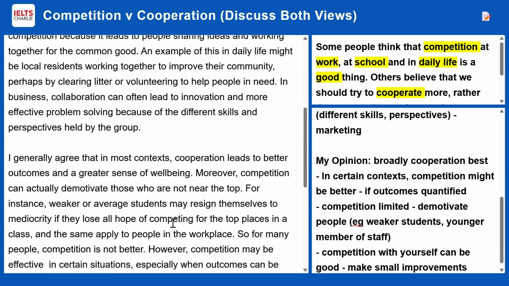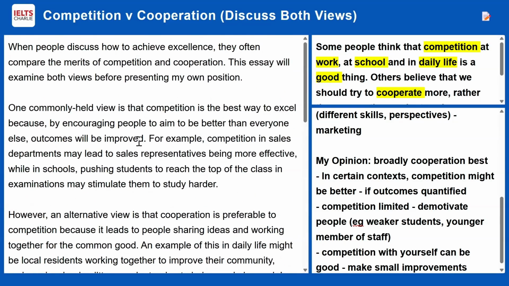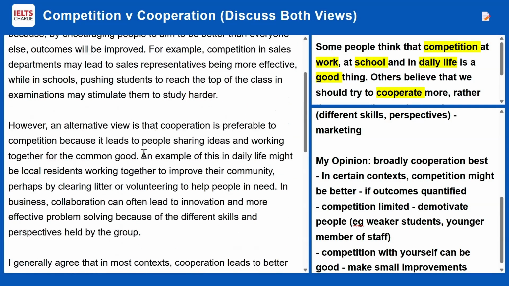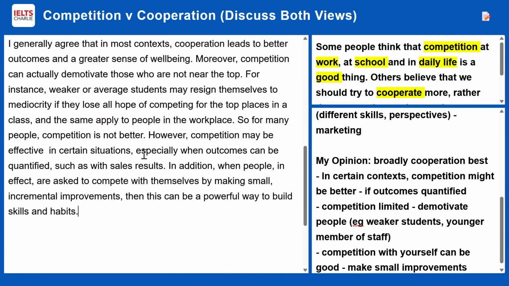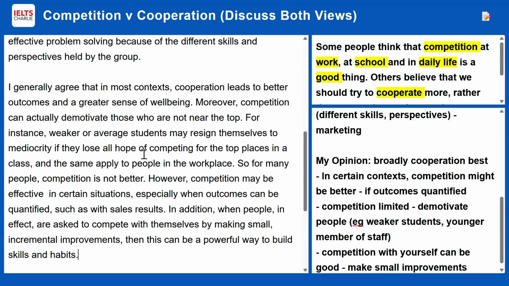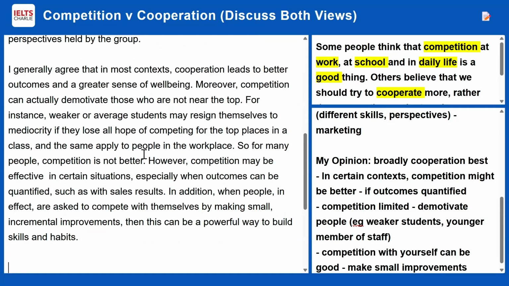So I've essentially finished my essay. I've got my introduction, the first view, the second view. I've got my own view here as well. You can write a very brief concluding paragraph which summarizes these 3 different positions.